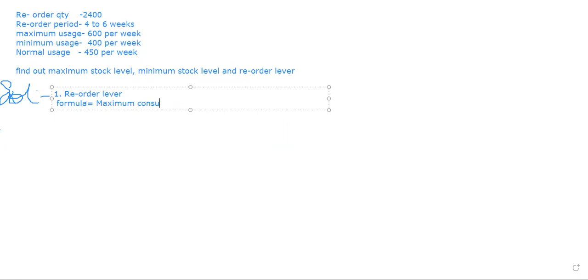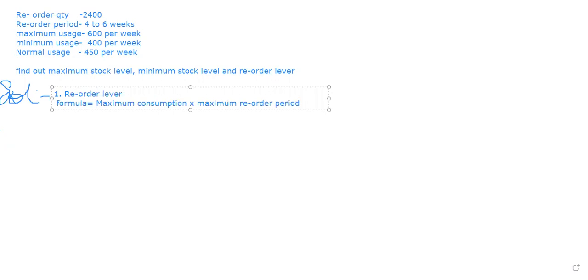maximum consumption into maximum reorder period.